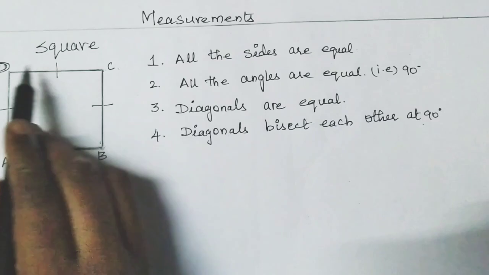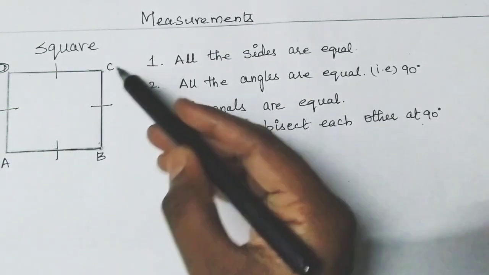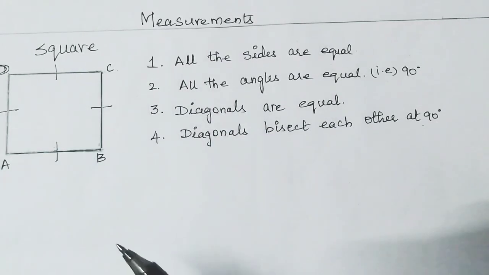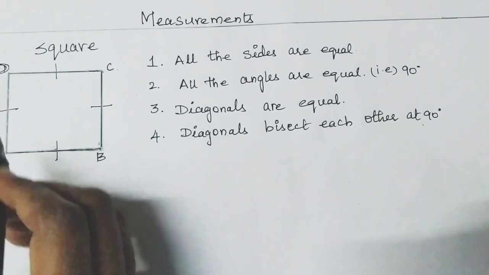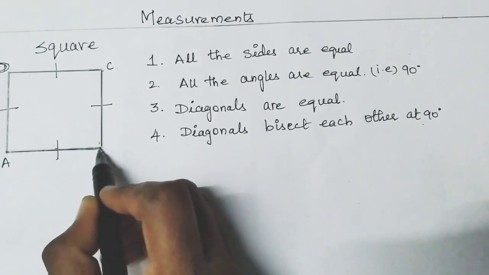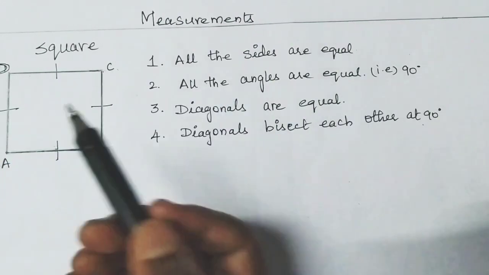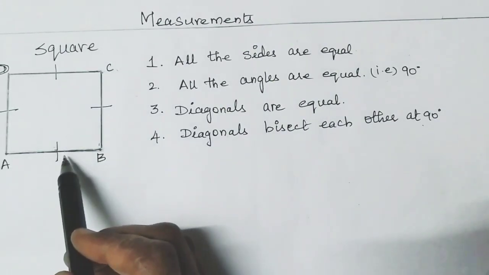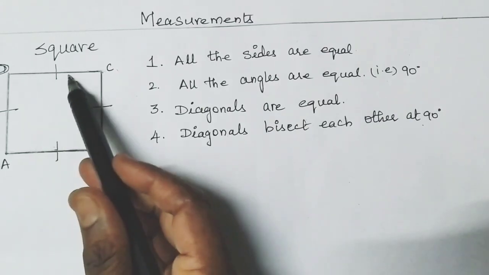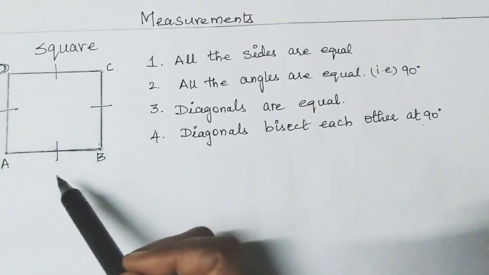AB is parallel to CD and BC is parallel to AD. It has four vertices, vertex A, vertex B, vertex C and vertex D.